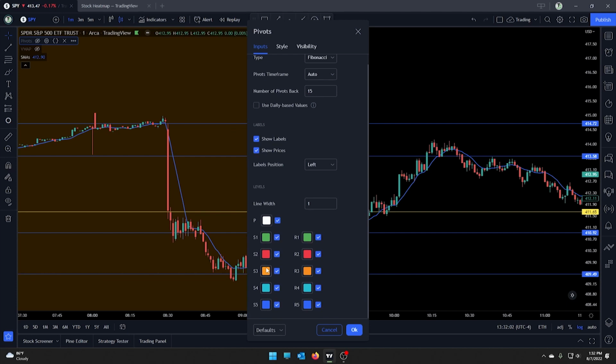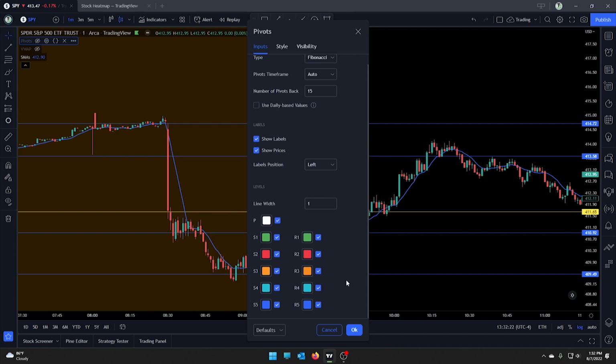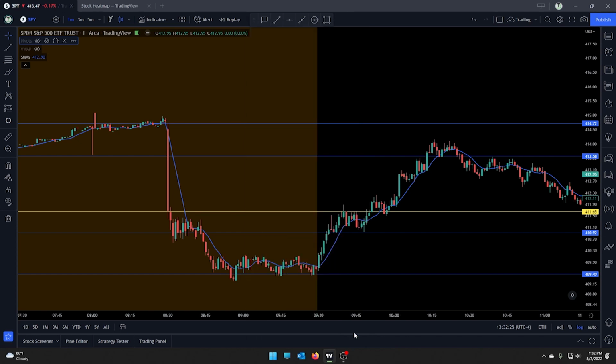By default, I believe they're all orange. I use white, green, red, and orange. You don't have to worry about S4 and S5 or R4 and R5, as Fibonacci points only use 3. So these are irrelevant unless you're using traditional or classic or any of the other ones. I don't. I use Fibonacci. That's it for the settings.